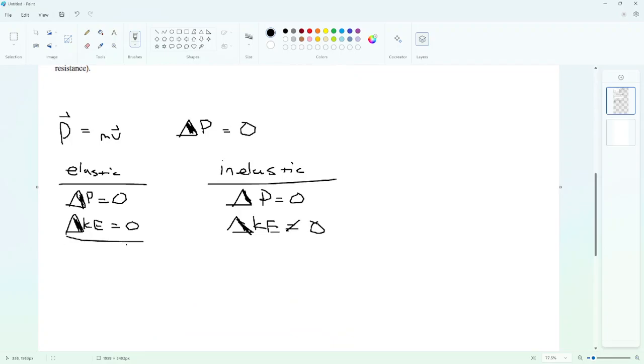Now, what you can do with that information is you can derive this little formula that I'm going to put right here. V1 initial plus V1 final is equal to V2 initial plus V2 final.